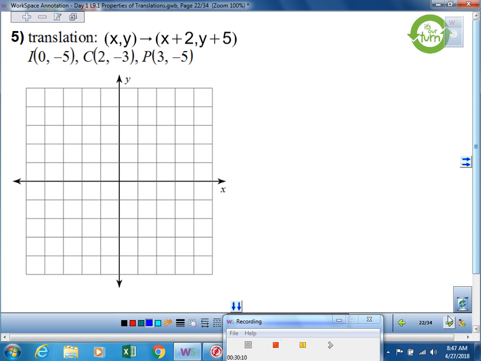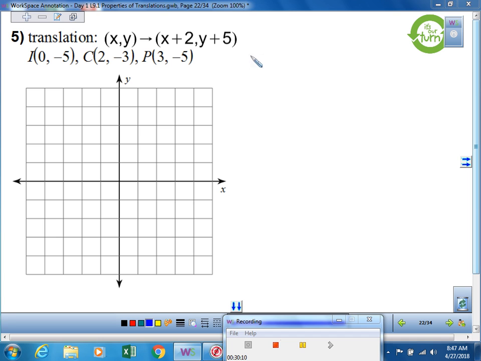Alright, so this one, write the rule right here. Now they didn't graph the figure. You got to graph the figure first, then translate it.